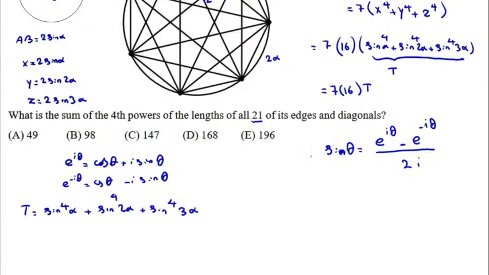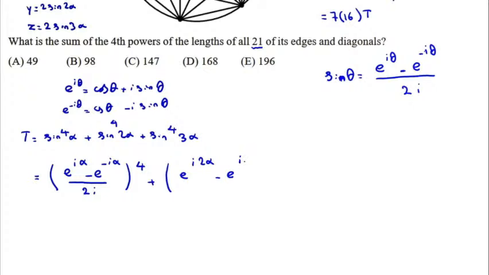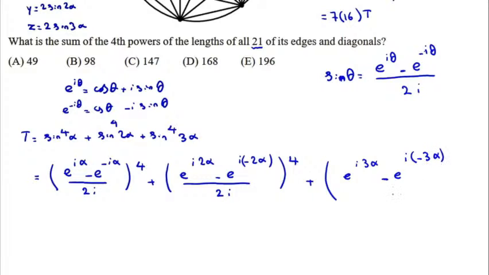Now, for sine alpha, I say e to the i alpha minus e to the negative i alpha over 2i, to the power of 4, plus e to the i 2 alpha minus e to the negative i 2 alpha over 2i to the power of 4, plus the last one, e to the i 3 alpha minus e to the negative i 3 alpha over 2i to the power of 4.